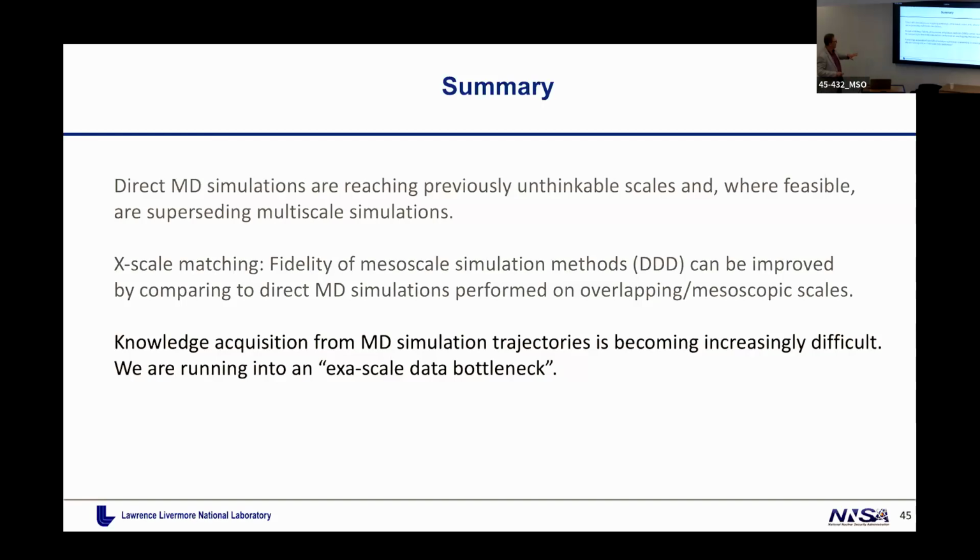And that is a big problem. Our ability to generate data is far outpacing our ability to actually extract any knowledge from it. So that, to me, is really the exascale data bottleneck that somehow we need to deal with.